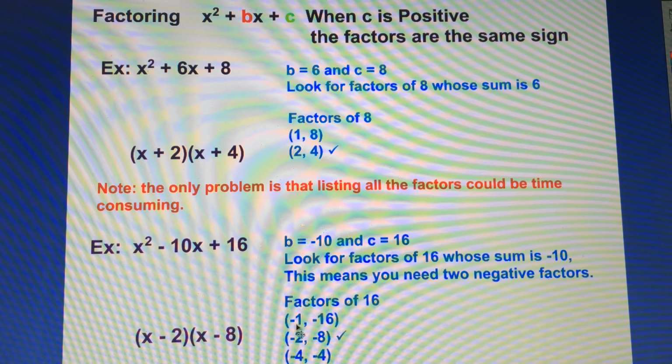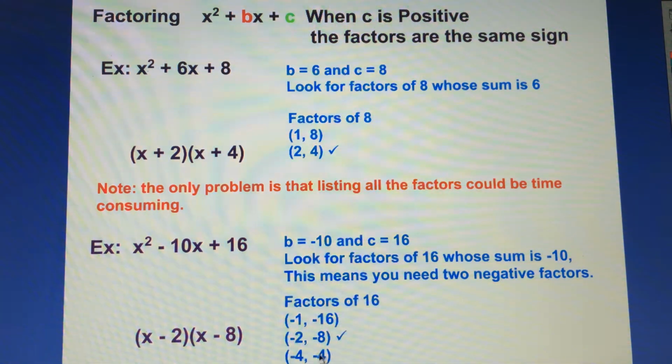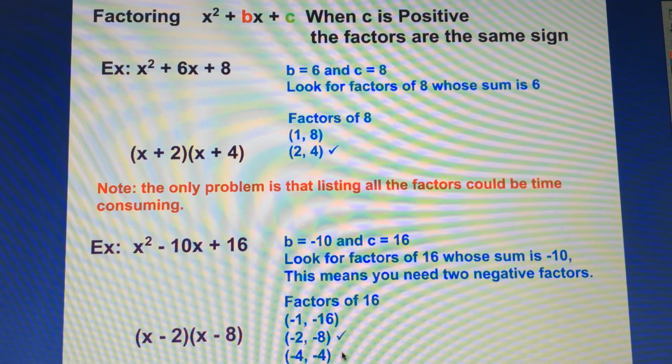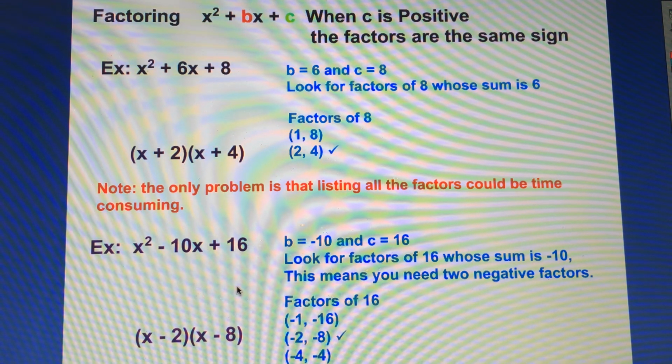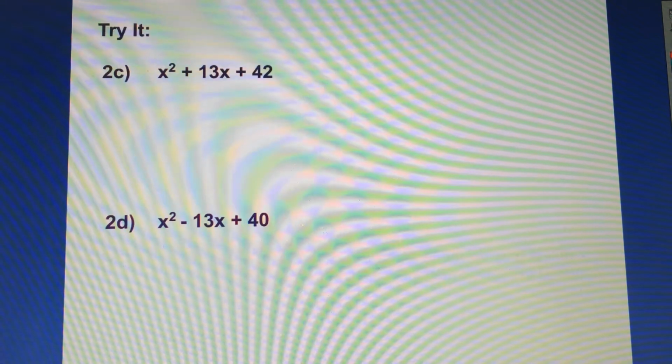So again, I am looking for two factors that multiply to equal 16. Well, we already know they all multiply to be 16 because they're factors. But which two add together to equal negative 10? You see that I choose negative 2 and negative 8.